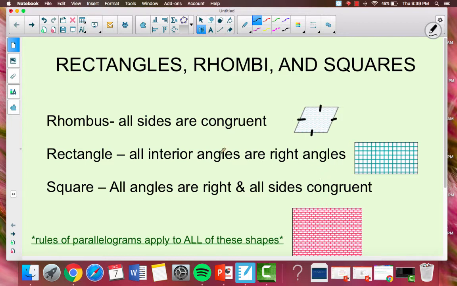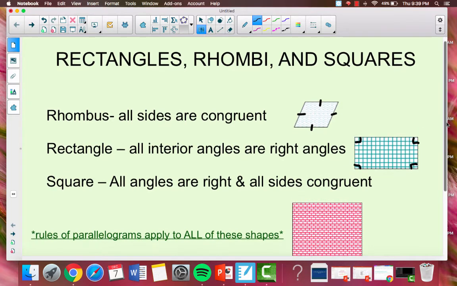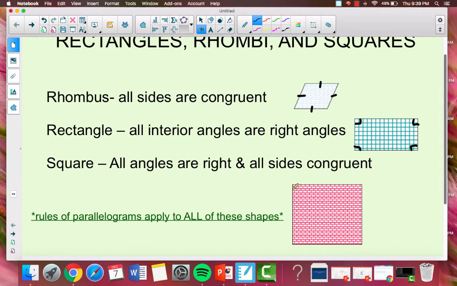A rectangle has all interior angles that are 90 degrees, so all right angles. So, here we know that these are going to be 90-degree angles. Okay, and then a square is a combination of the two. So a square has all right angles as well as all sides congruent.